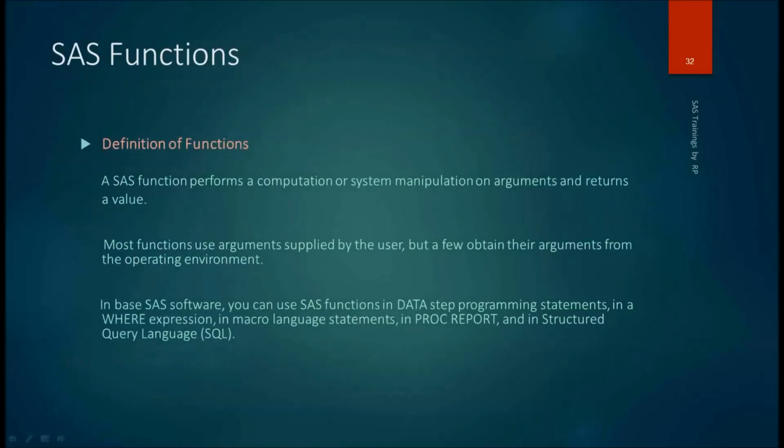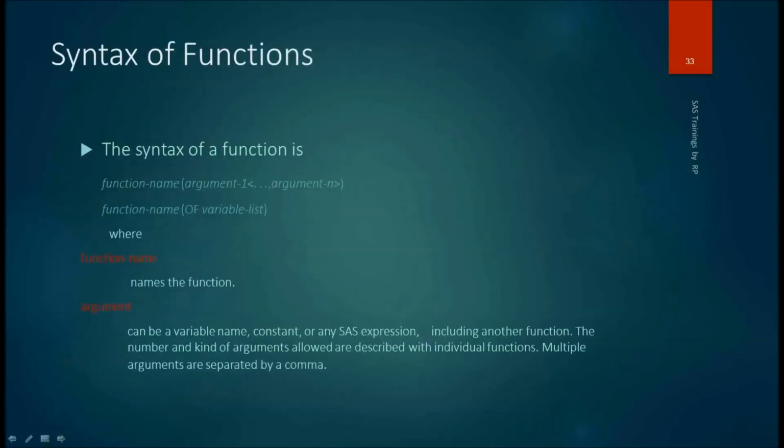SAS functions. What is a SAS function? SAS functions perform a computation or a system manipulation on arguments and return values. Most functions can be used in the data step, proc report, which means the proc step, or proc SQL, based on the version the user is using.